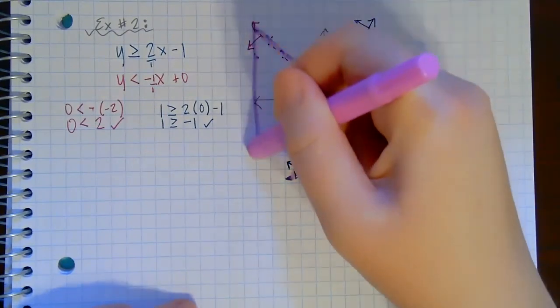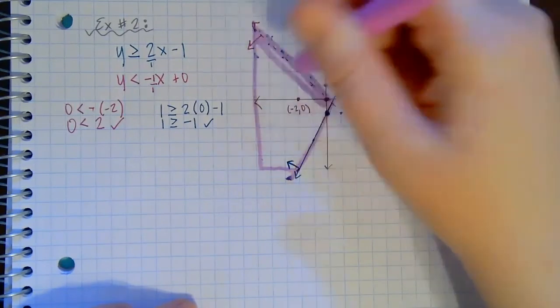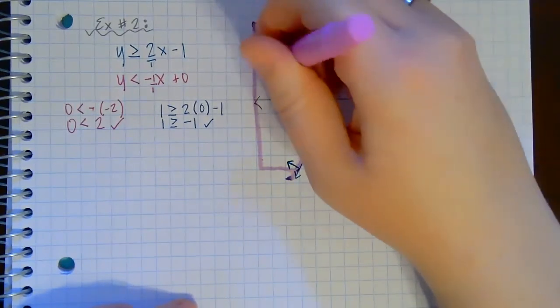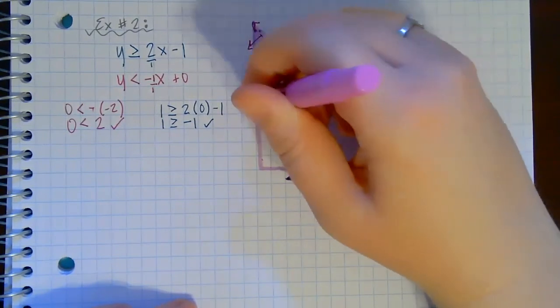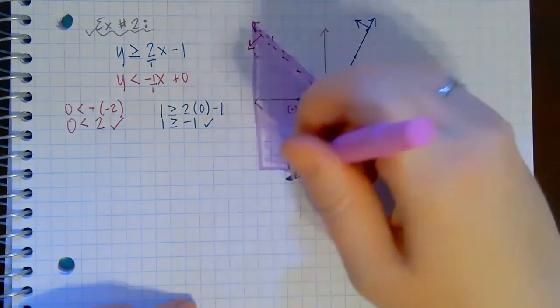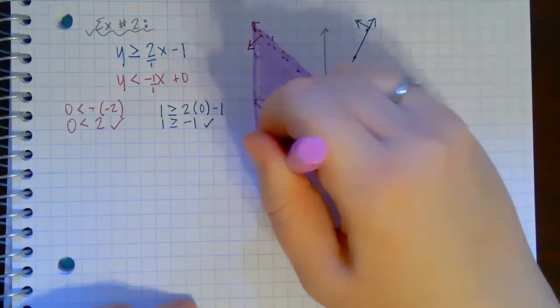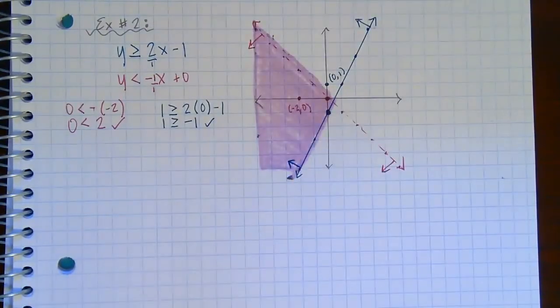That means this is the region that I want to use. This is my solution region. So I'm going to shade in my solution region. Okay, and there's my solution.